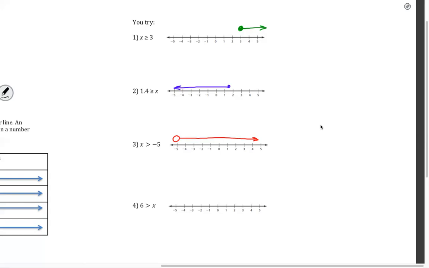Finally, here, 6. 6 isn't on here, is it? That's where it is, right there. Well, I have to include 6 on it because I need a place to put my circle. So it's going to be an open circle, and I'm not eating the X, so I'm shading to the left.